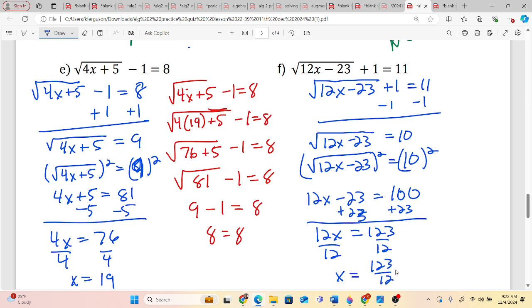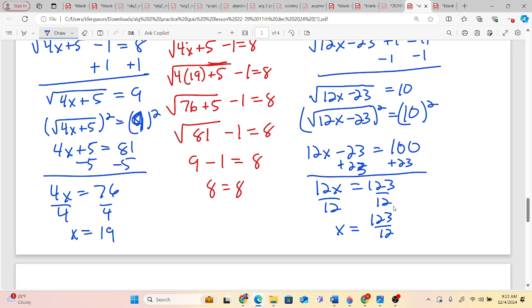Now, 123 over 12 can be reduced. 12 doesn't go in there evenly, but 12 can be divided by 3, and 123 can be divided by 3. Now, if you can't see why that is so, there's a trick for division. If you have a multi-digit number and you want to know if it's divisible by 3, separate the digits.